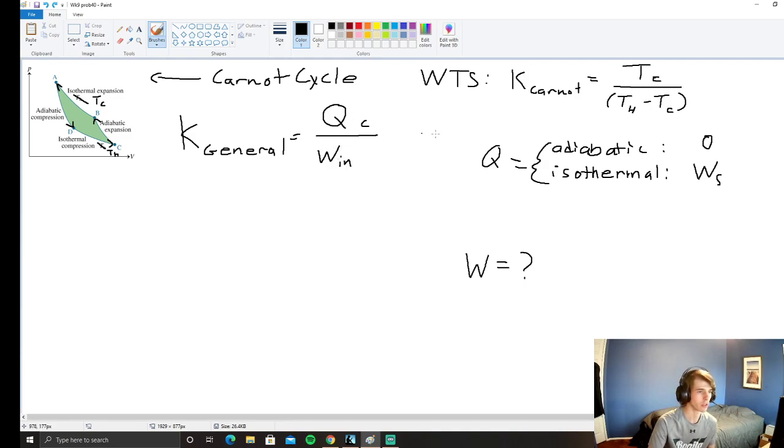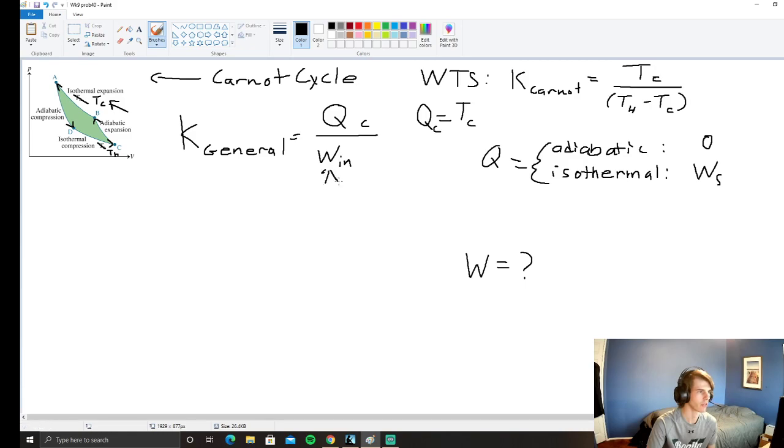For getting QC, that's pretty easy, since we know that in adiabatic processes, Q is equal to 0, and in isothermal processes, Q is just equal to W. Since the only time we're really doing work in the isothermal is when we're changing this Tc temperature, we can substitute in QC is actually just TC, right? So that's the first part.